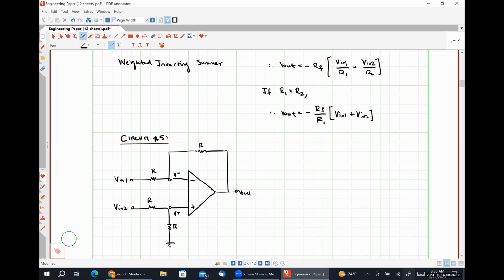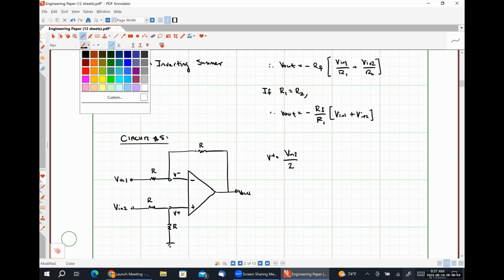So this is the first circuit where it's not extremely obvious what our voltage V plus is. So I'm going to tell you here that V plus in this case will be VN2 divided by 2.